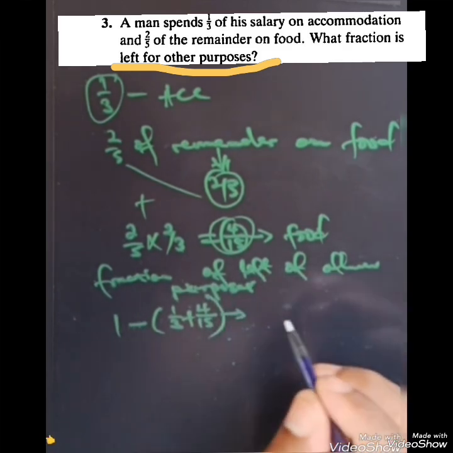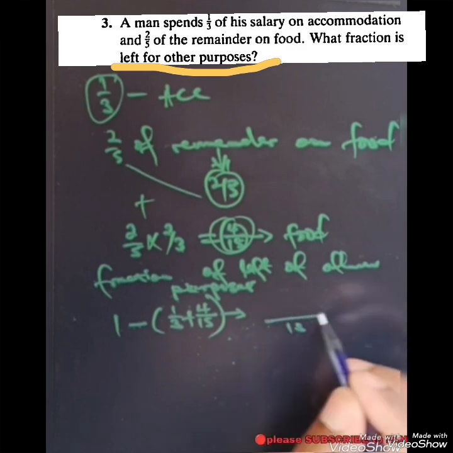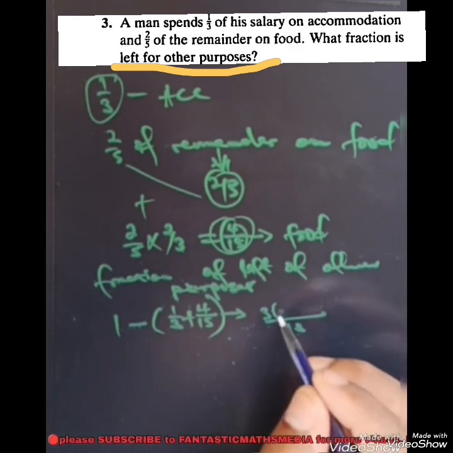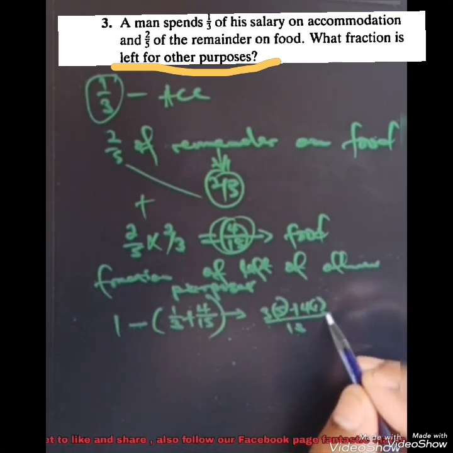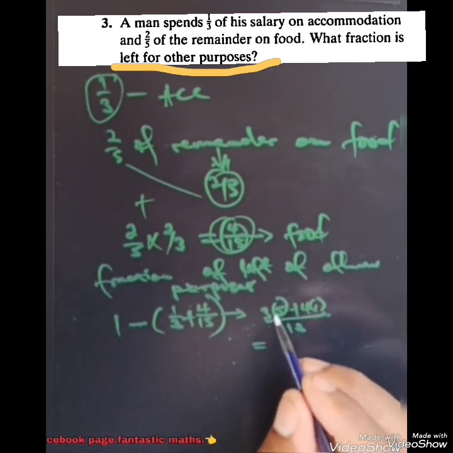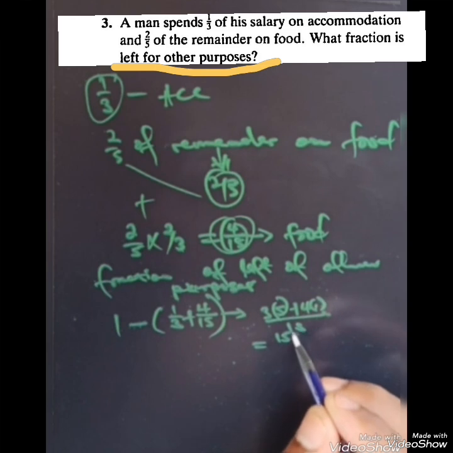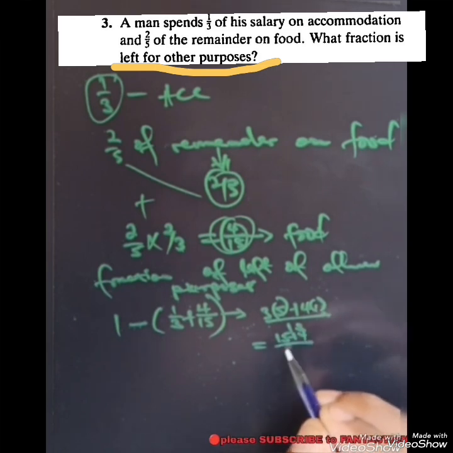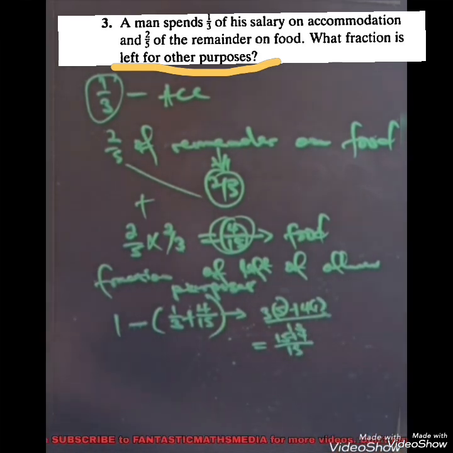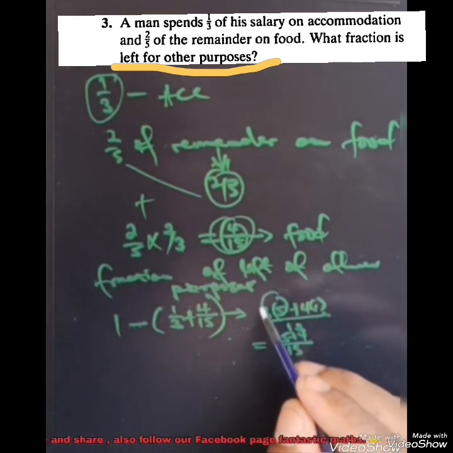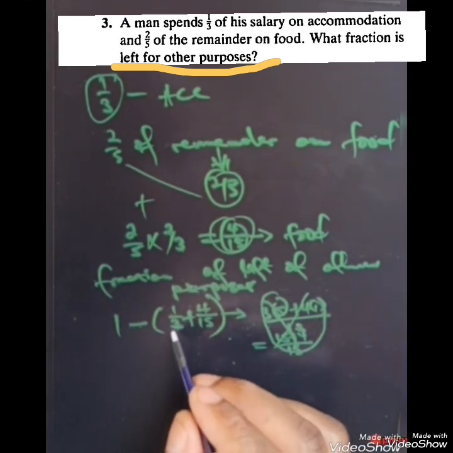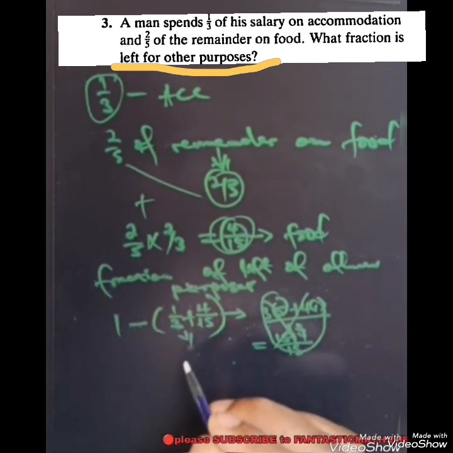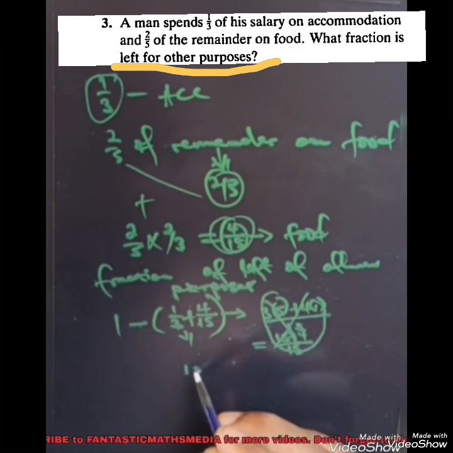Here the common denominator is 15. 1 into 15 is 15, 15 times 1... I think there's a little error here, because we have 1 over 3, not 3 over 3.